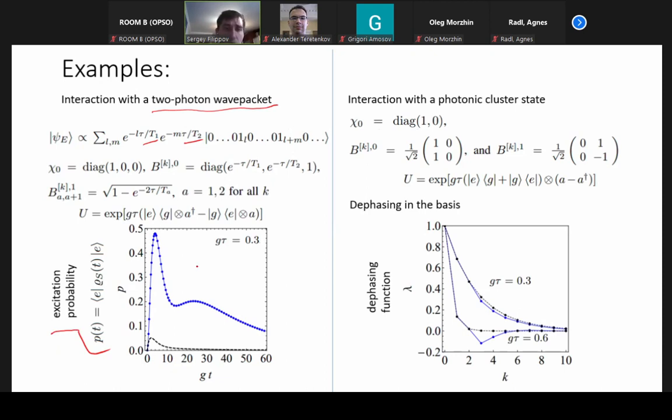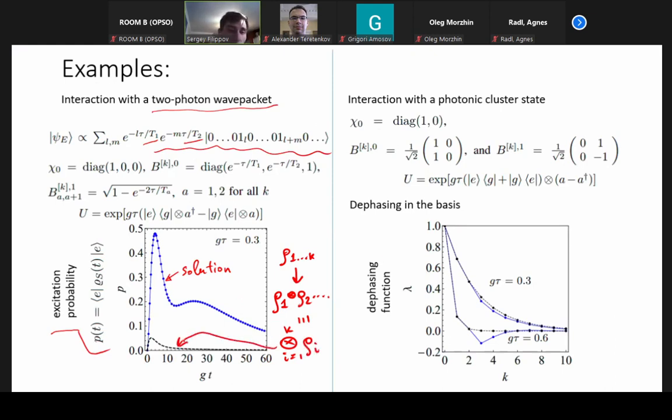So you see that the blue curve shows us the solution based on the tensor networks which describe correlations in the environment. So this state is correlated. If we disregard correlations, so if we artificially replace rho 1 and so on to K with the tensor product of rho 1, rho 2, and so on, which is the tensor product over I from 1 to K of rho I, then we will get a black curve here.